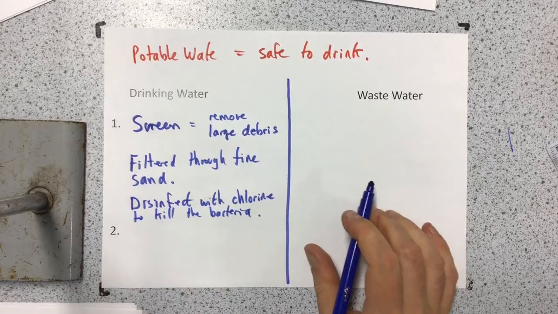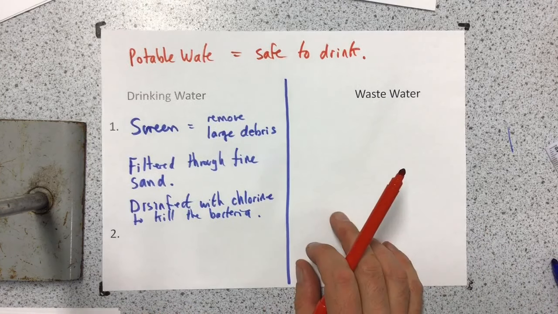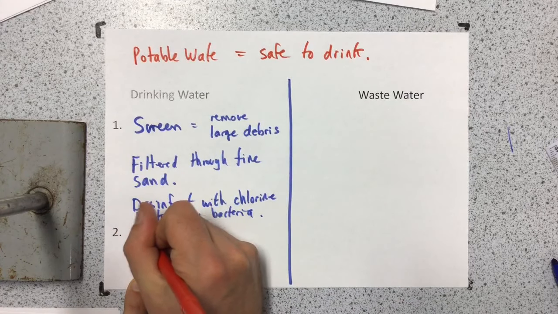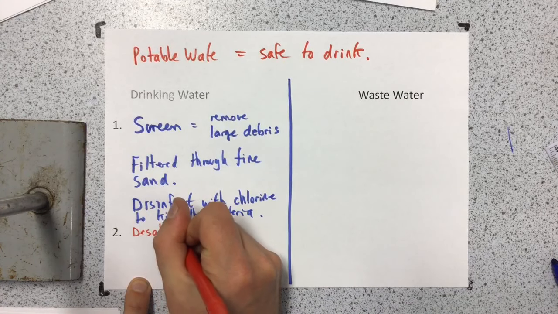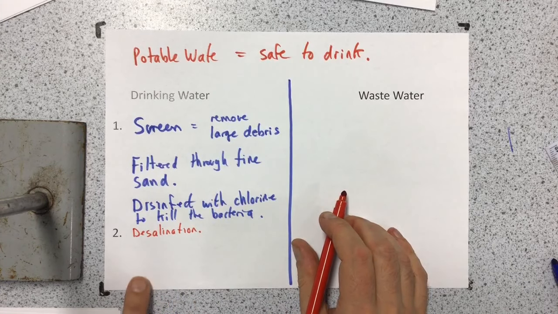Okay. Now, in some places in the world, they don't have lakes and reservoirs because it is too dry. But they are surrounded by lots of undrinkable seawater. So we have to go through a process called desalination. Now, there's two ways we can go through desalination.